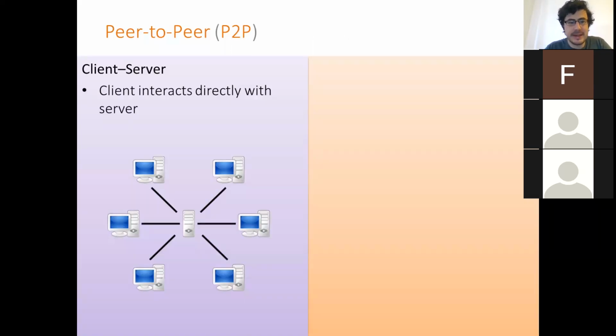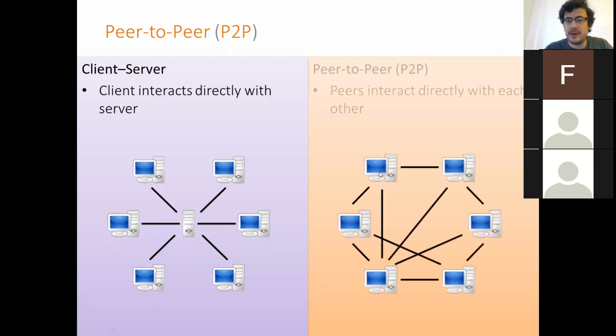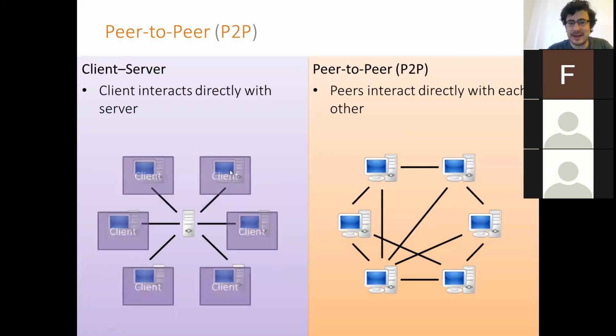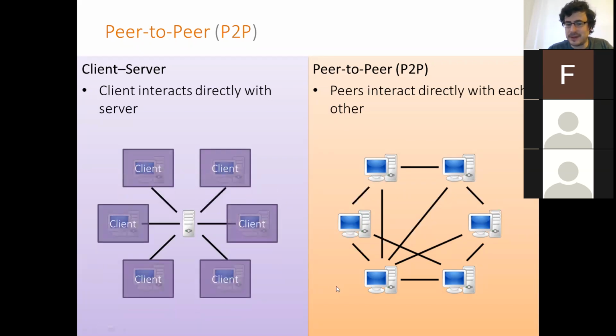So we have peer-to-peer architecture. And essentially the idea is, if we compare it with client server, in the client server, the client interacts directly with the server, right? And when we go for peer-to-peer, we have peers interacting directly with each other, right? So if we try to conceptualize this, here we have all these different clients that are interacting with the central server.